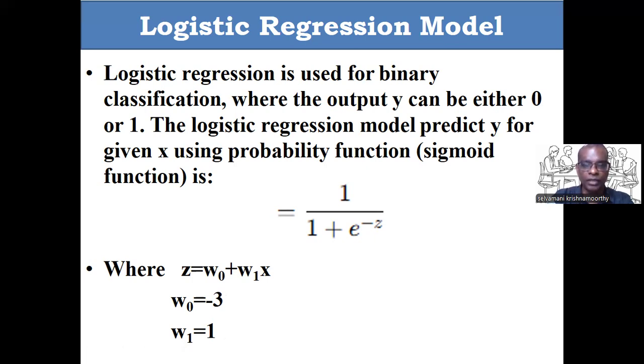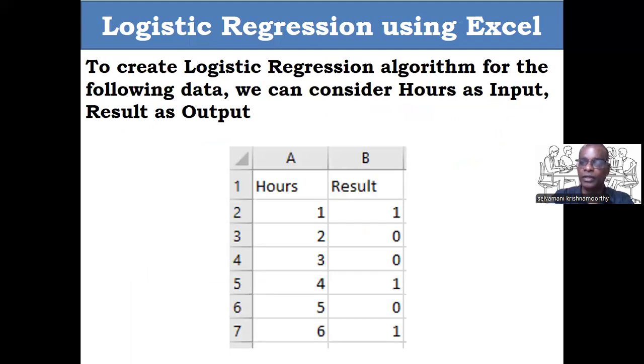For a given value, first we need to find Z, then we need to find Y. This is called the logistic regression model sigmoid function. First, let us consider one small data frame, and see how logistic regression predicts the output result for input hours using Excel.